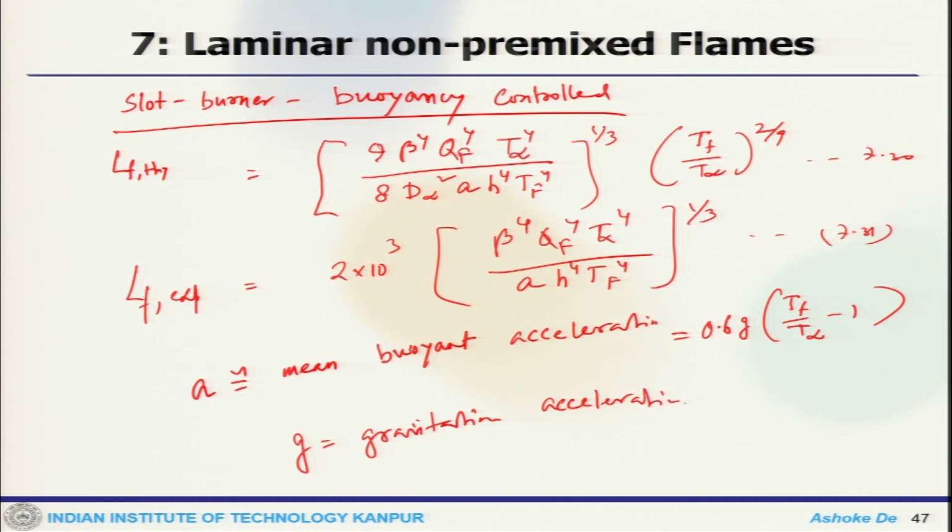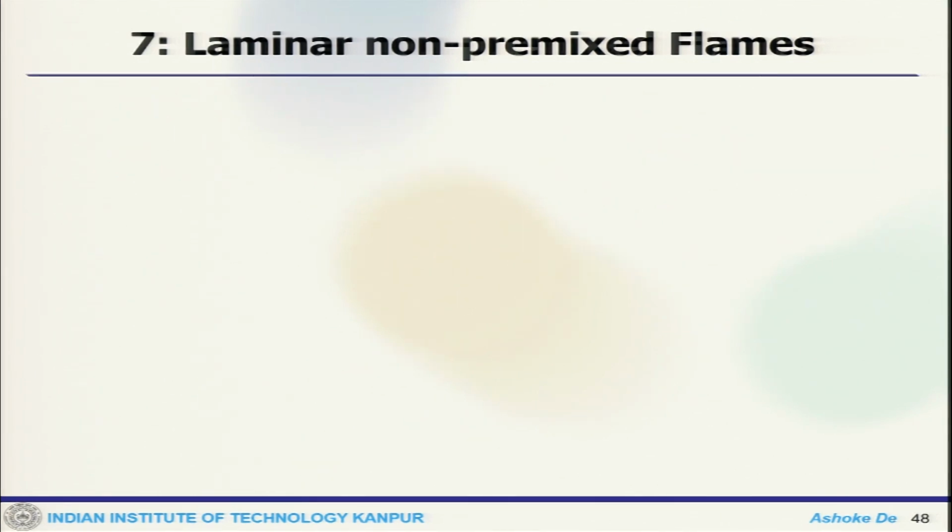So in every situation, even if you take a slot burner, whether it is momentum controlled or buoyancy controlled, the expression for the flame height is different. Now we look at the slot burner where it is in the transition regime.